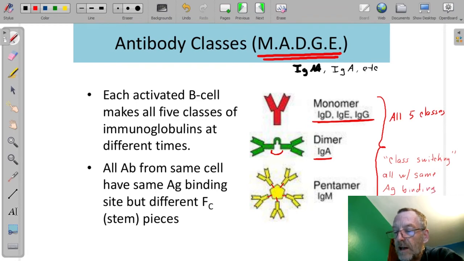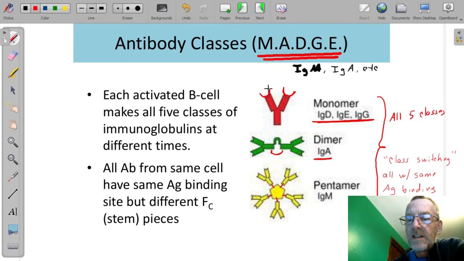So for example, if we were staying with the shape, let's say we have little circles or little half circles at the end of these antibodies, the IgD, IgE, and IgG. Here with IgA, we still have the same shape.